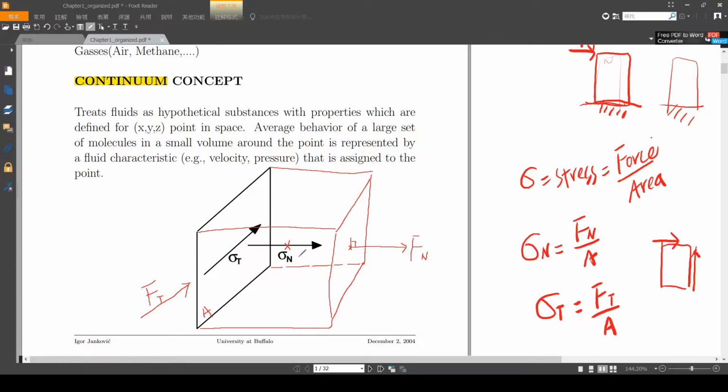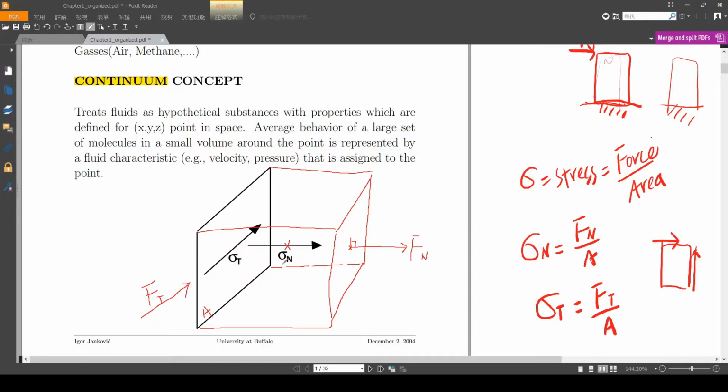The average is evaluated over a small volume, and this volume contains a large number of molecules. This is called the continuum concept. It is based on the assumption that all fluid characteristics like pressure and velocity vary continuously throughout the fluid, which means the value of the velocity will change continuously.